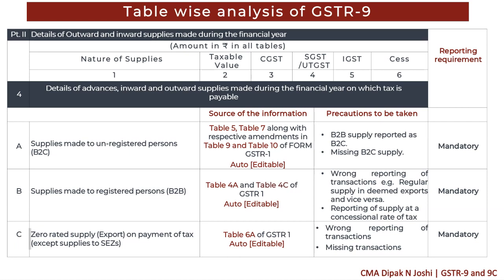Again, precaution should be taken that even if you have not reported that transaction in GSTR 1 or in GSTR 3B, please report such invoice on e-invoicing portal, because in case of exports also, e-invoicing is mandatory, and if you are not generating e-invoice number, IRN number, in that case, department may levy general penalty.